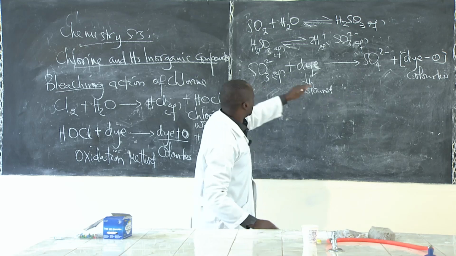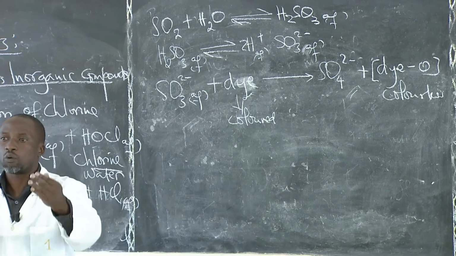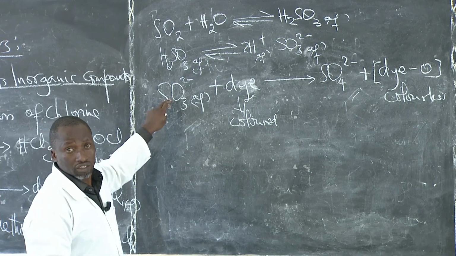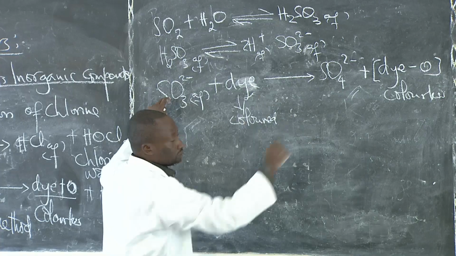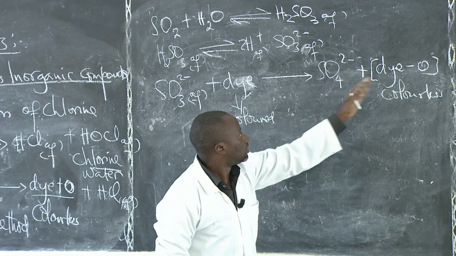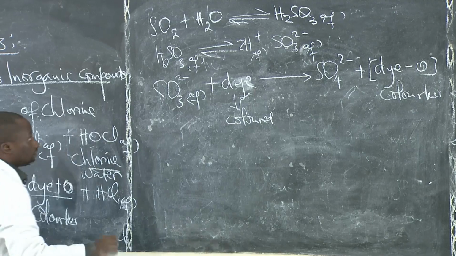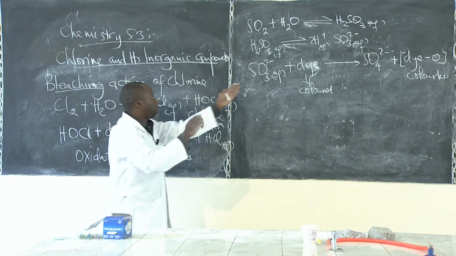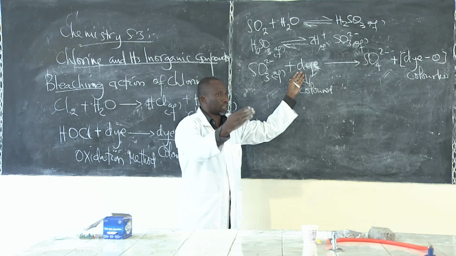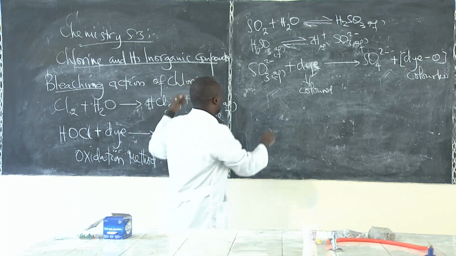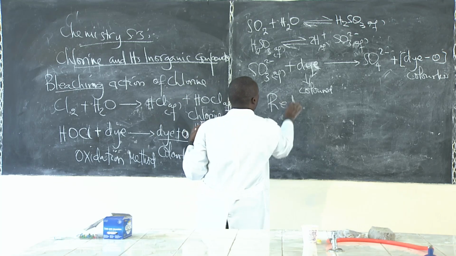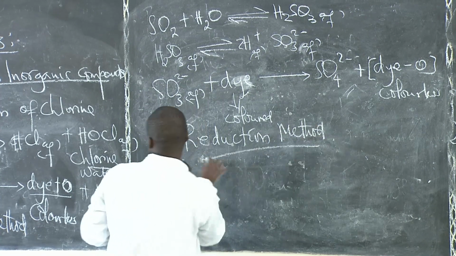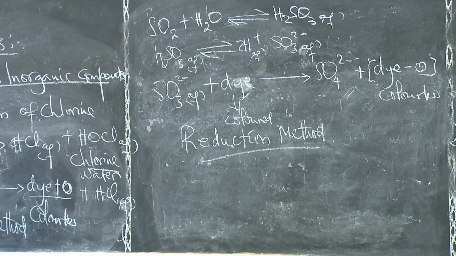What is the meaning of this? The dye is the one now giving away the oxygen. So when you look at this, you see that the bleaching action of sulfur dioxide is a result of reduction. So sulfur dioxide bleaches by the reduction method.